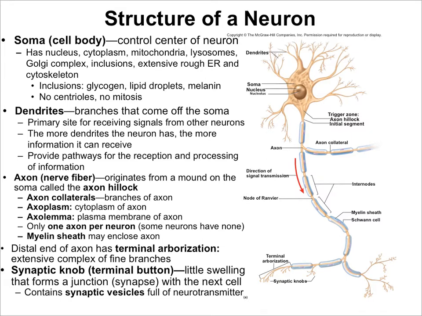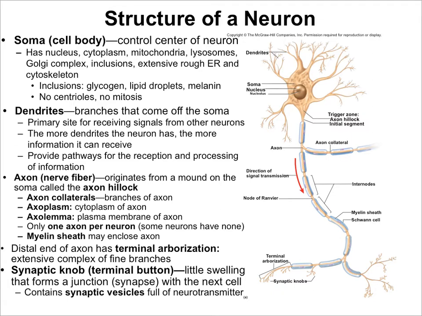But suffice it to say that without these nodes of Ranvier, the signal would be unable to propagate down the nerve cell. These are where the signal is renewed, which allows the signal to move basically as far and as fast as it can down the axon. The myelinated portions, by the way, are called internodes, meaning in between the nodes of Ranvier.